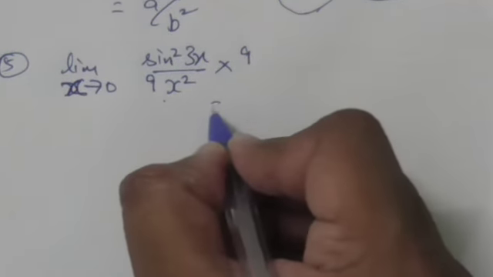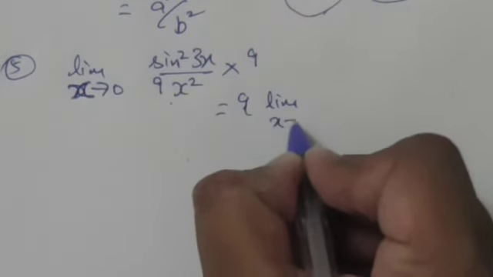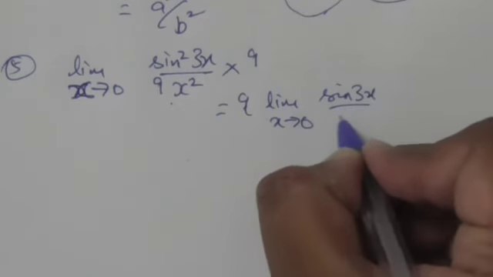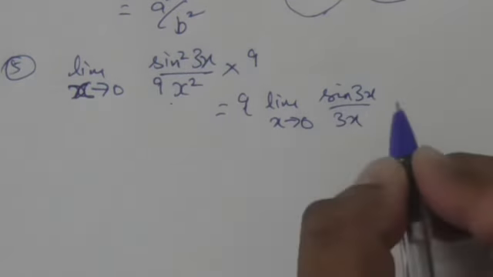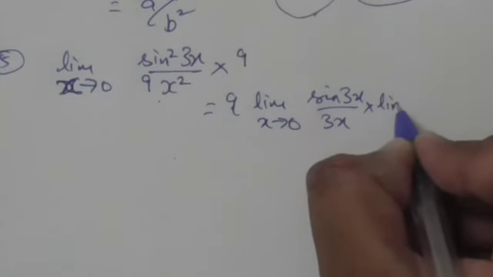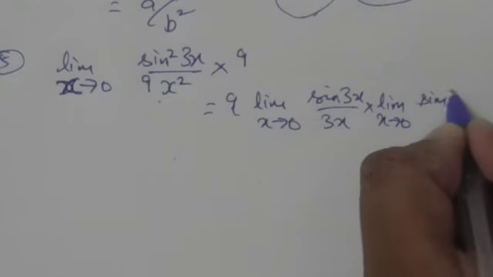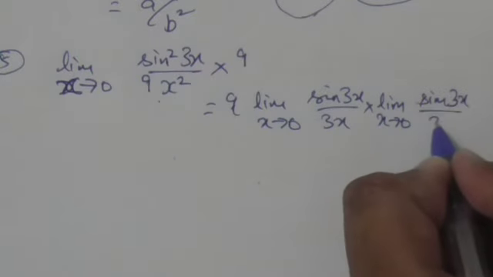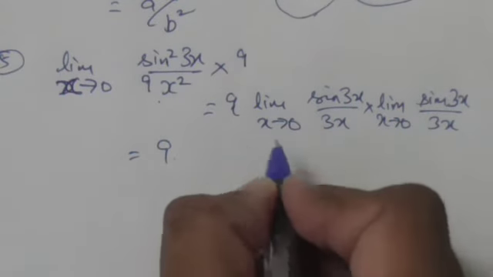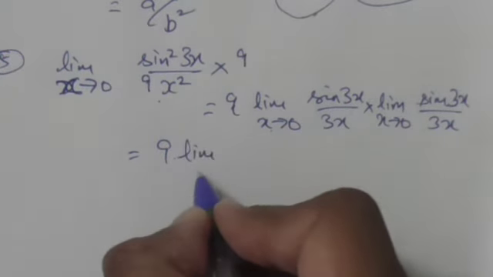So we will have 9 into limit x tends to 0 sin 3x upon 3x into limit x tends to 0 sin 3x upon 3x.